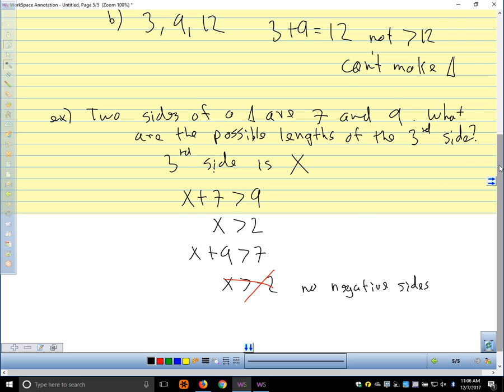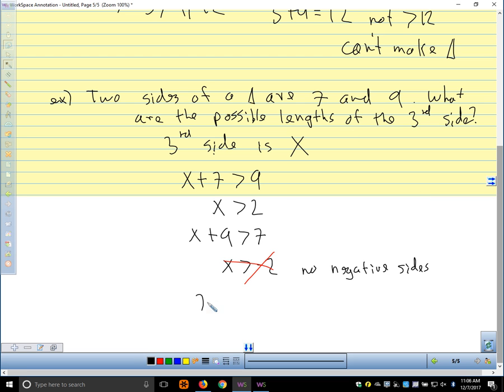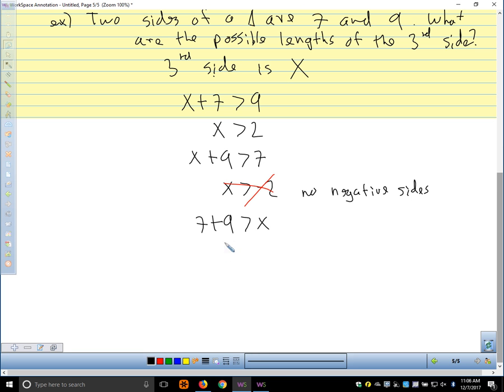And then we have one other possibility. 7 plus 9 has to be greater than X. When we add those two sides, it has to be bigger than the third. So this says 16 is bigger than X. The other way I could write this, I can turn this around: X is less than 16.